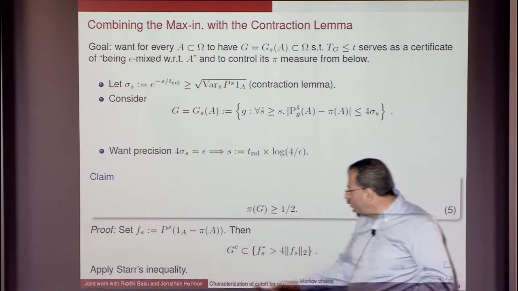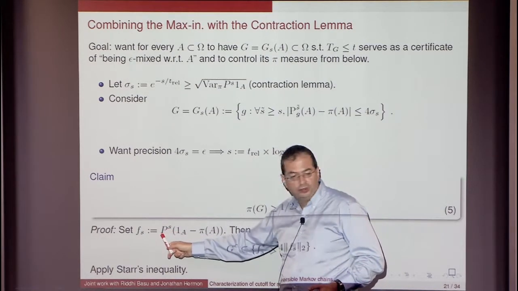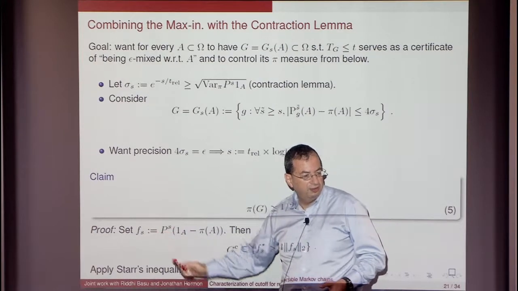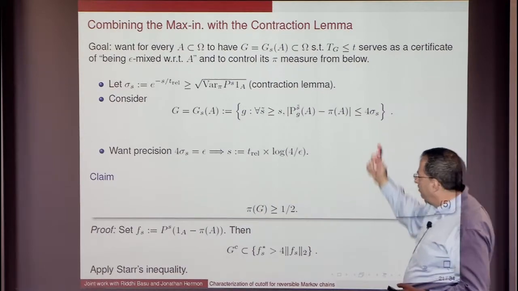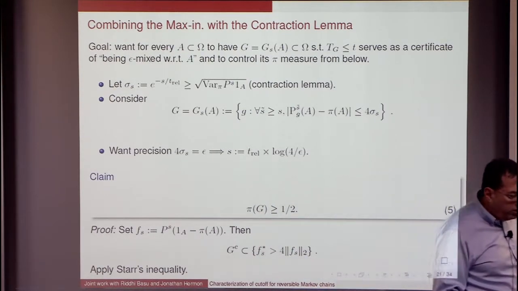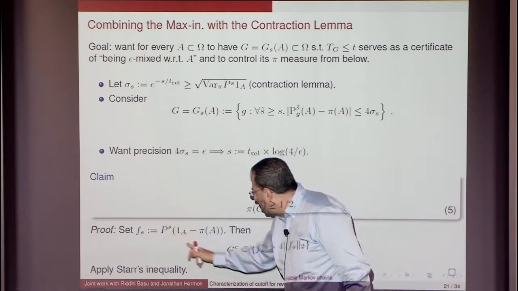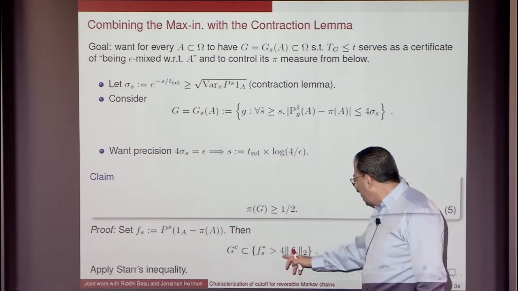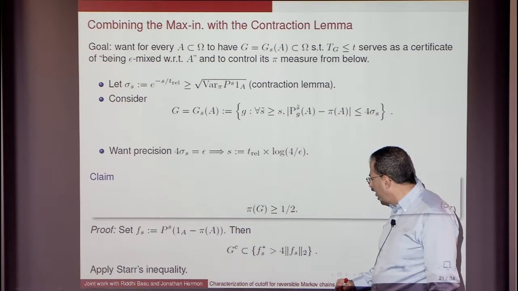So you look at this function f_s: you take the indicator of A, subtract its mean, and push forward s time steps. This is a function f that depends on s. Now the bad set, the complement of G, if you think about it, is exactly the set where the maximal function, not of f, but of f_s, should be bigger than 4 times the norm of f_s.